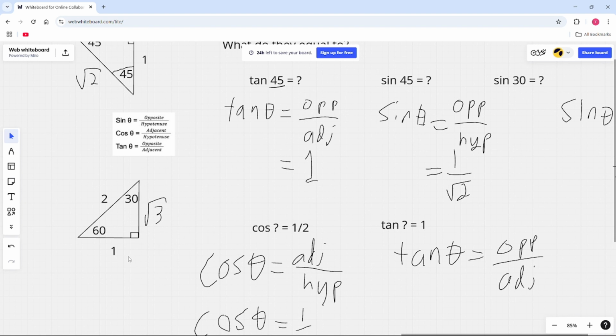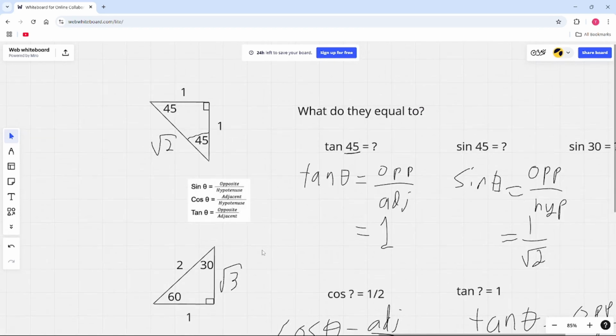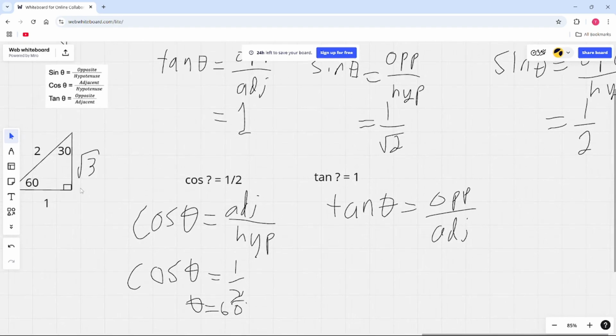So if you take a look at this triangle over here, 1 divided by 2, or 1 divided by root 3, or root 3 divided by 2, they all don't equal 1. However, this triangle up here, we have 1 and 1 as the side lengths, and when we divide 1 by 1, it still equals 1. So in this case, our theta is equal to 45 degrees.